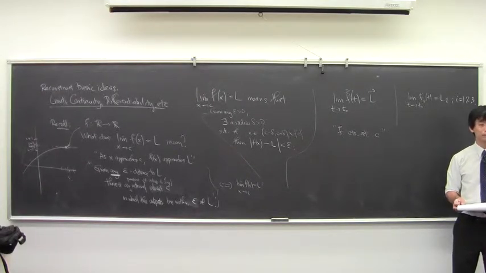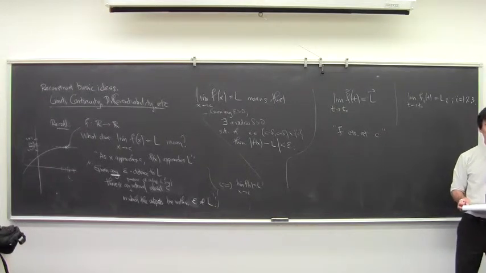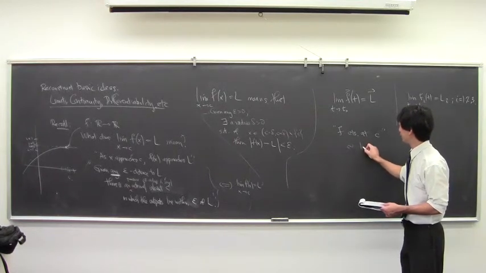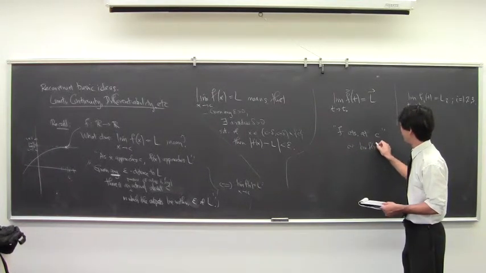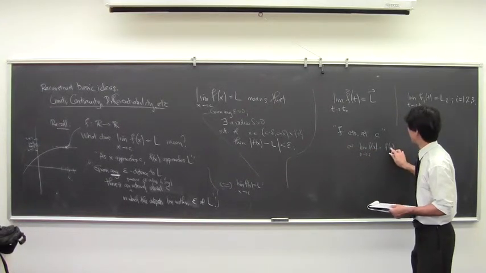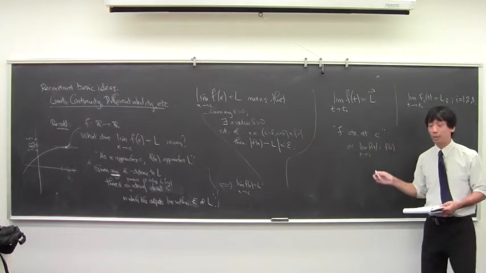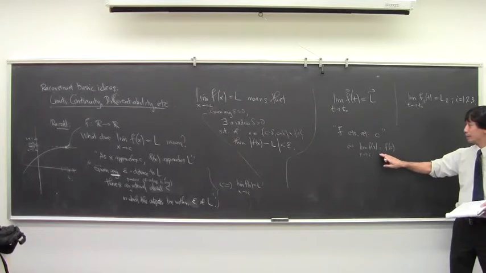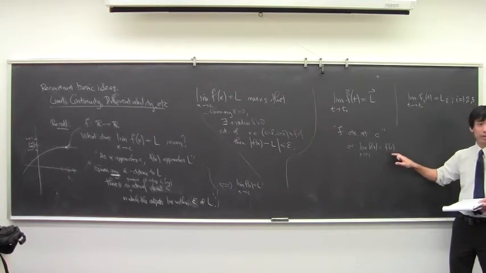I think it means the limit from the right and the left is equal to the output of the function. So the limit of the function as x approaches c is actually the value of the function, which is equivalent to what you said, that right and left limits turn out to be the same thing and equal the value of the function.